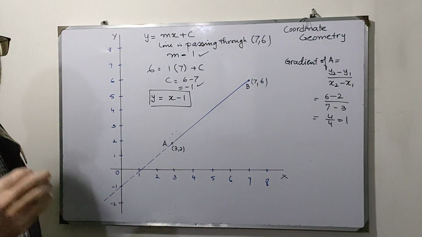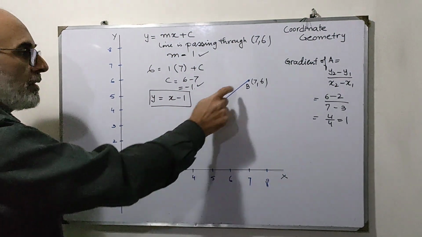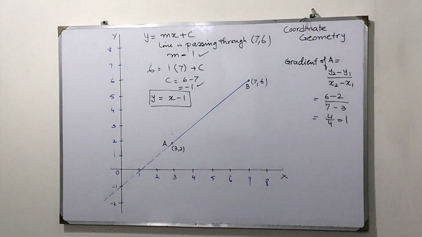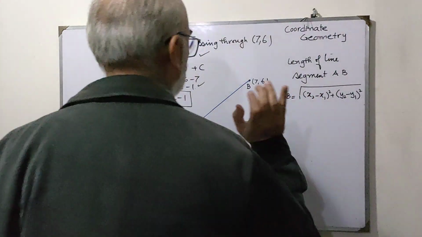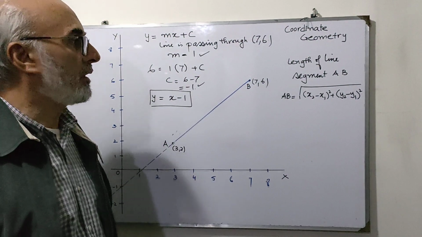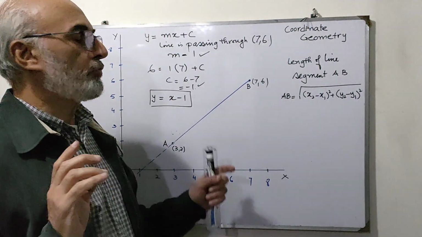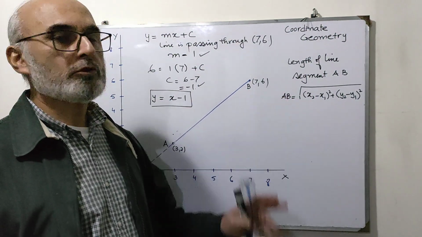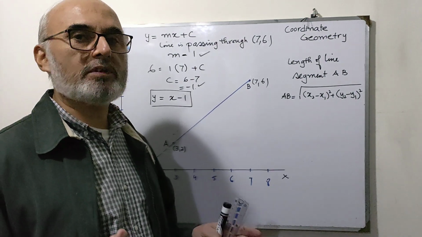Now let's find the length of this line segment AB. To find the length of a line segment, we are going to use this formula: the square root of x2 minus x1 squared plus y2 minus y1 squared.